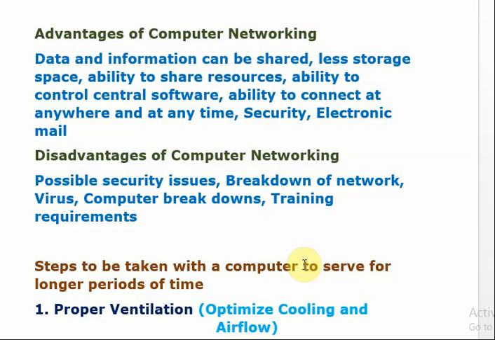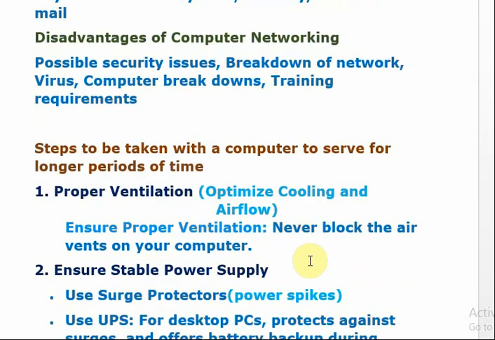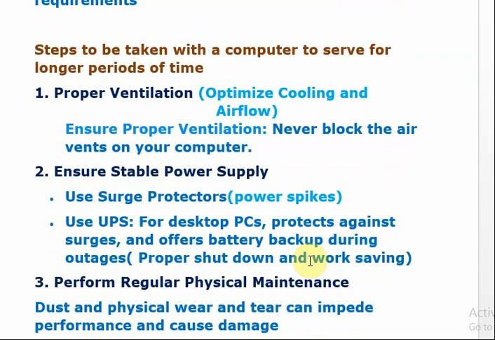Computer breakdowns prevent other machines from accessing those particular resources or information. Then there is a training requirement. To administer a network, you definitely need separate training, right? These are the disadvantages.